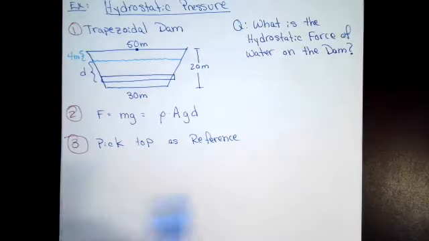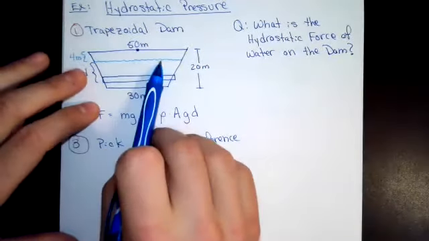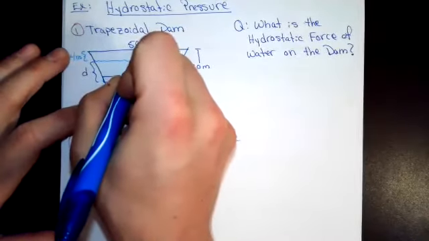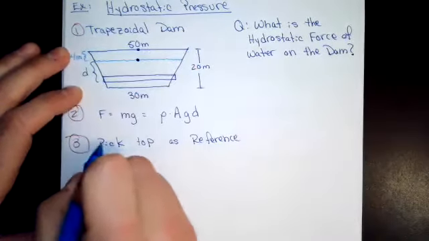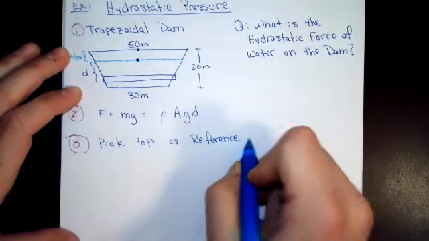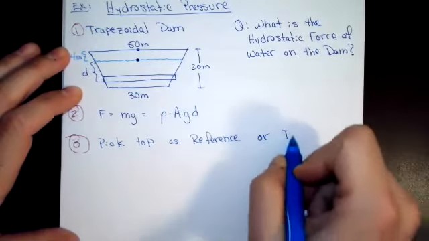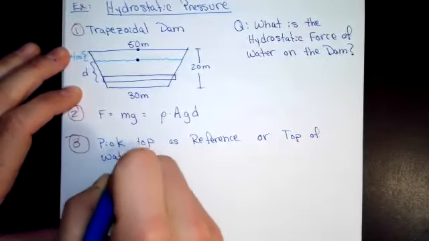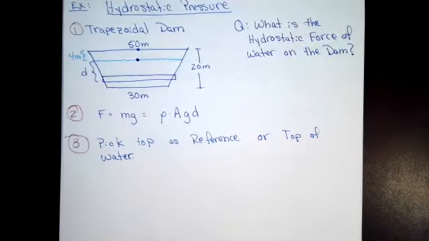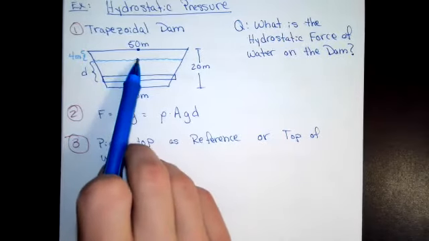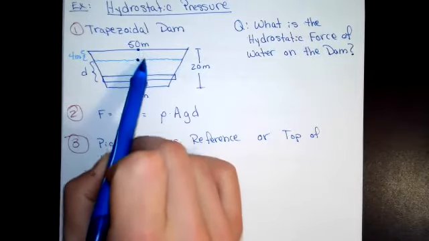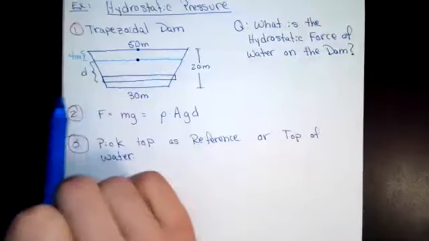And actually, you know what? Let's pick a different reference point. So why would the top maybe not be the best in this case? Let's say the top of the water. Since we're not actually pumping the water, I'm not trying to move the water up an additional 4 meters out of this.